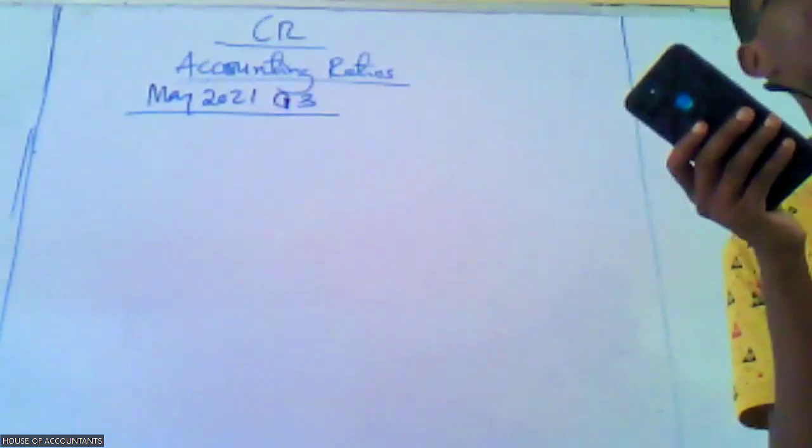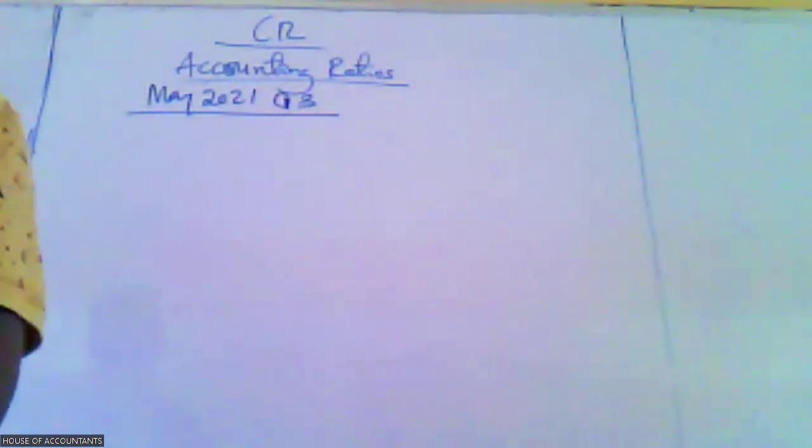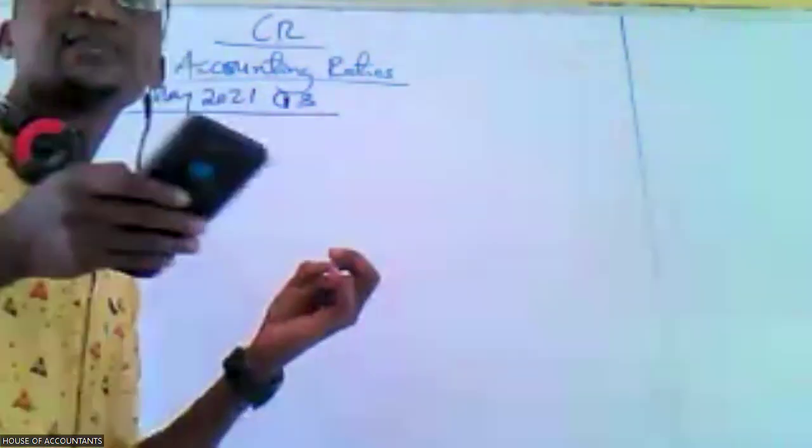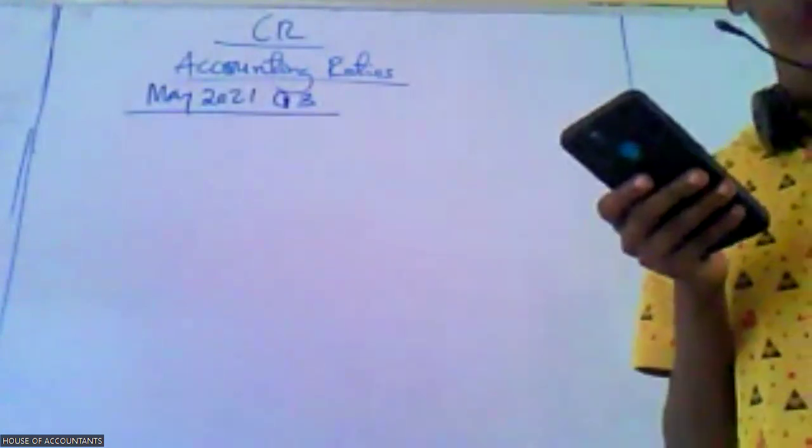So the position is talking about the ratios you are going to calculate that relate to balance sheet items. The ratios that relate to balance sheet items are efficiency, liquidity, and leverage ratios as well.